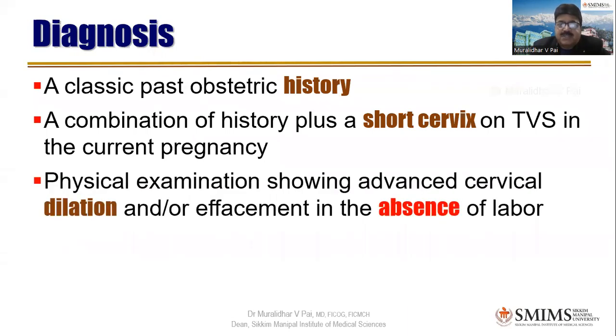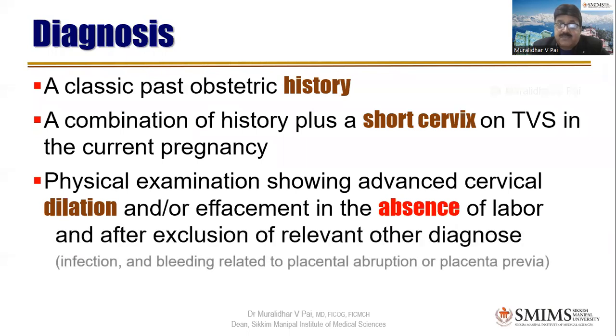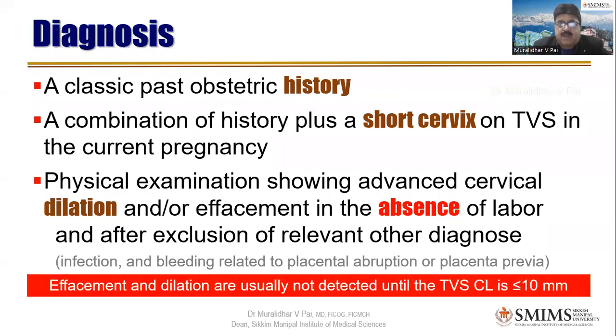Physical examination showing advanced cervical dilatation and or effacement in the absence of labor and after exclusion of relevant other diagnoses. That is infection, bleeding related, and placental abruption and placenta previa. So it is very clear, history plus ultrasound finding will give us the diagnosis.